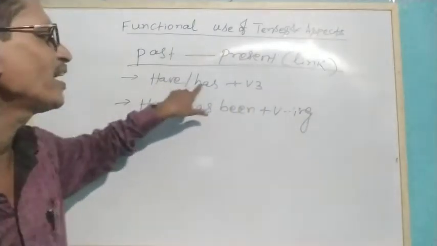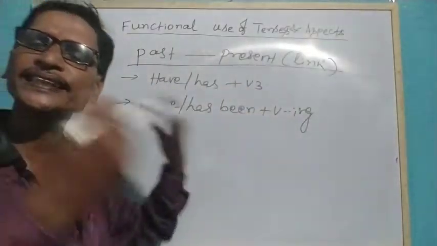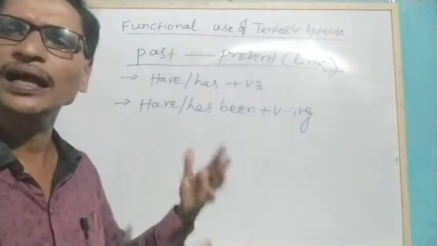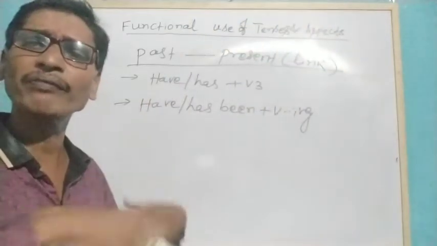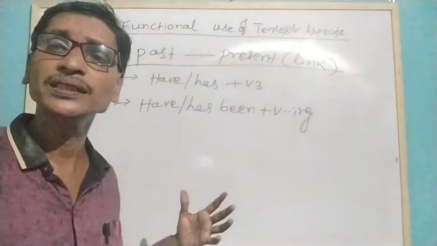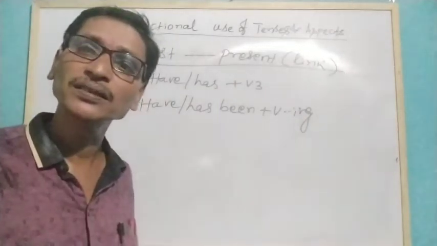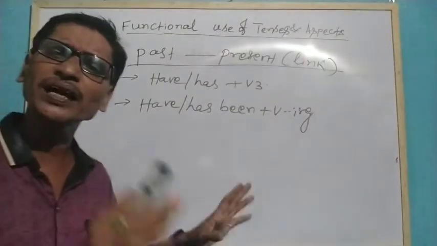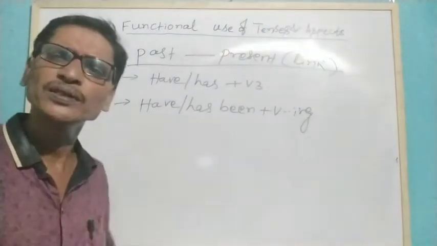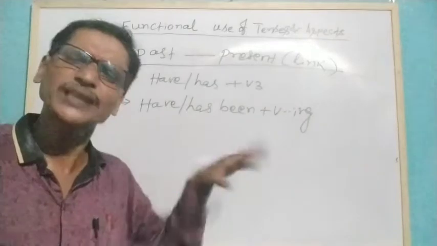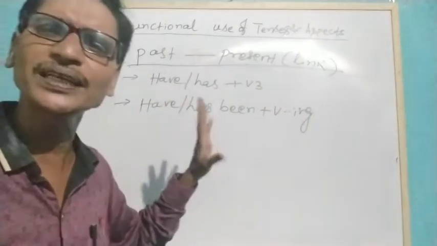That means have/has eaten, have/has written, have/has played, have/has come, have/has slept, have/has jumped, have/has won, has defeated. Okay, so have/has cleaned, have/has swept, have/has washed, defrosted. There are many such verbs we can use there.